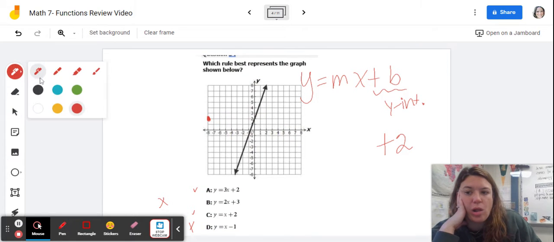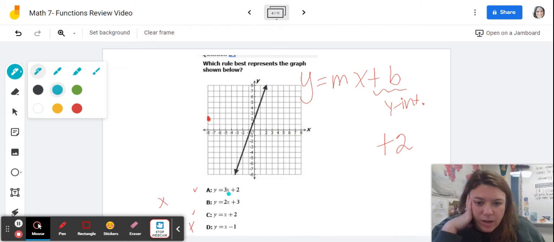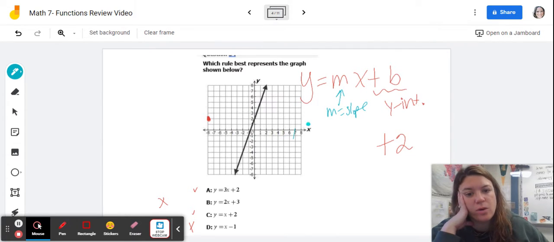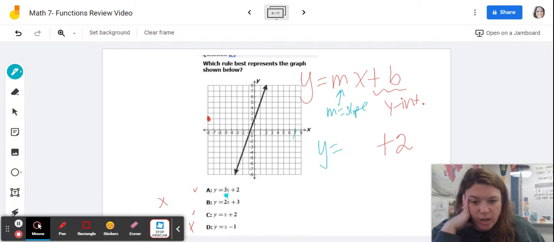So now I have to look at M, which is slope. And the slope is a fraction, right? The difference of going up and down over left or right. So the fraction that's in front of this one is 3/1, and the fraction in front of this one is invisible, it's 1/1. So let's see, here's one point on the graph, and now I'm going to look for another place that it crosses the grid lines, up right there.